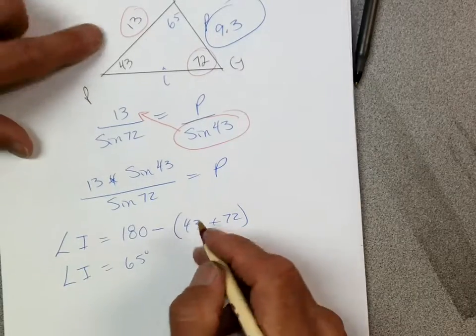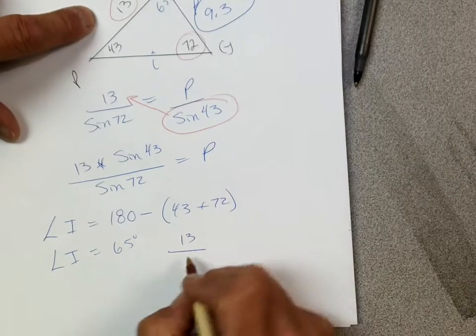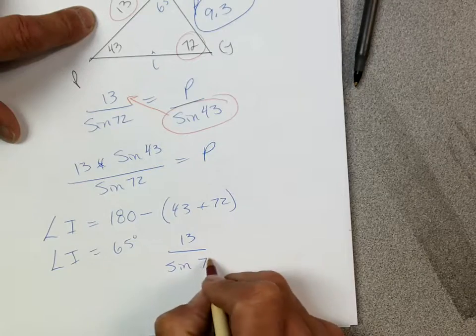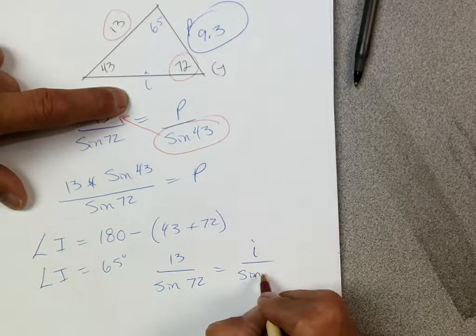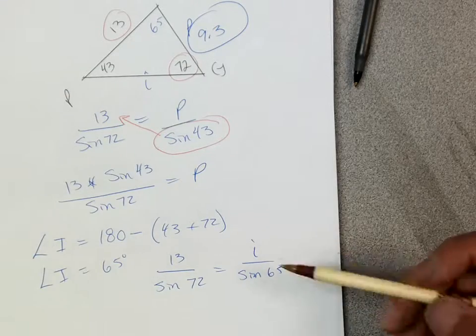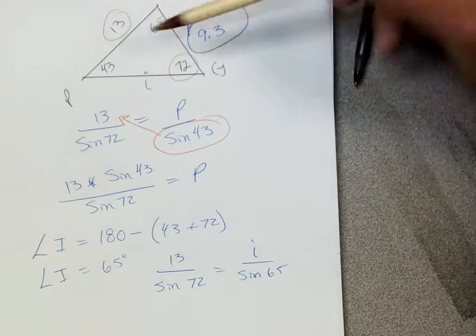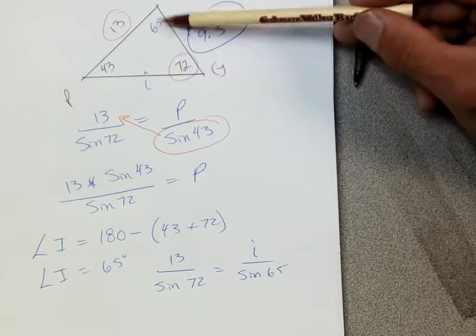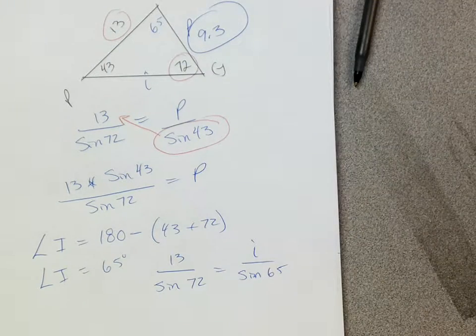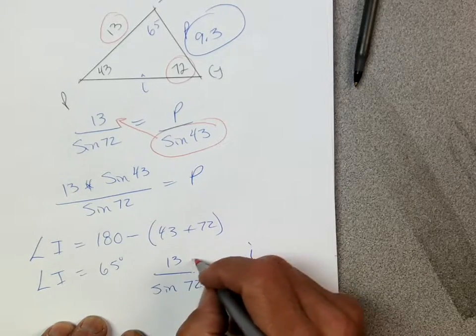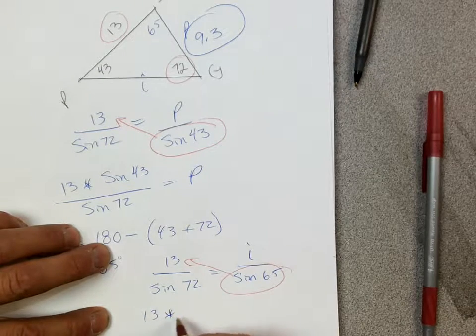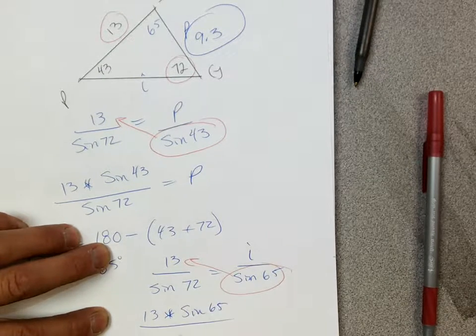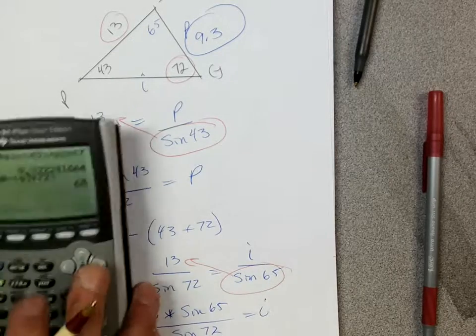So we'll go 13 over the sine of 72 equals little I over the sine of 65. Okay, so I set up my opposites again. I'm going to cross multiply this up here, right? So I'll have in my calculator 13 times the sine of 65 over the sine of 72 equals little I, and I'm just going to use my calculator, right?